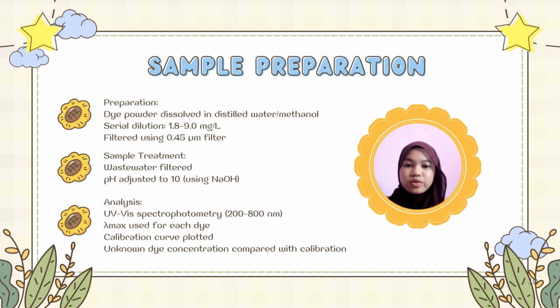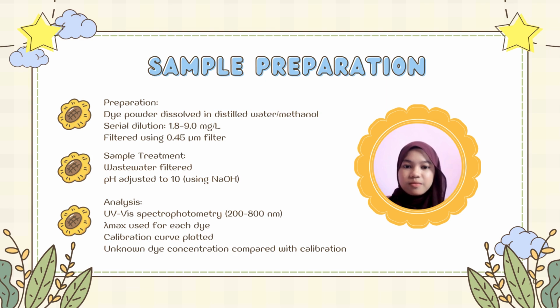Wastewater samples were also filtered and pH adjusted to 10 using sodium hydroxide. The process stabilizes the matrix of the dye and yields precise measurement. The research was carried out using a UV spectrophotometer with wavelength scanned from 200 to 800 nanometers.